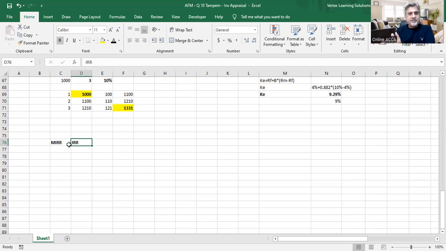Just like NPV says these surplus funds should be invested at your WACC, and you said no, it's very difficult to find 10% WACC, IRR also comes with the same claim that you must invest your funds. But IRR makes life even more difficult for you, because it says the funds should not be invested at WACC 10%.